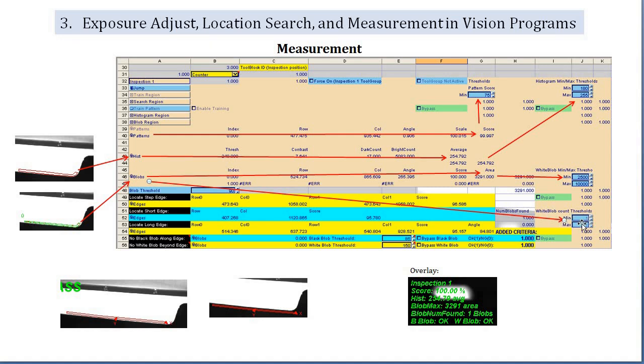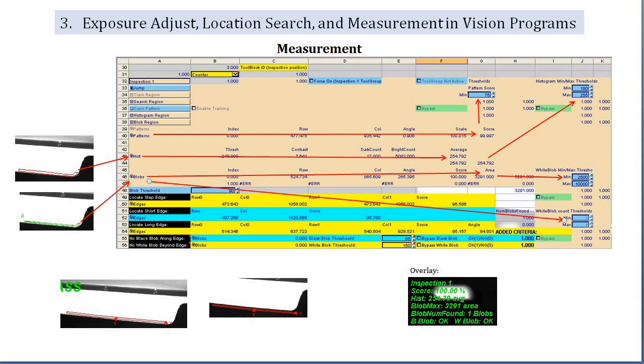This number is used to evaluate the part. In case there is a short, the blob region can be split into 2, so the part can fail.